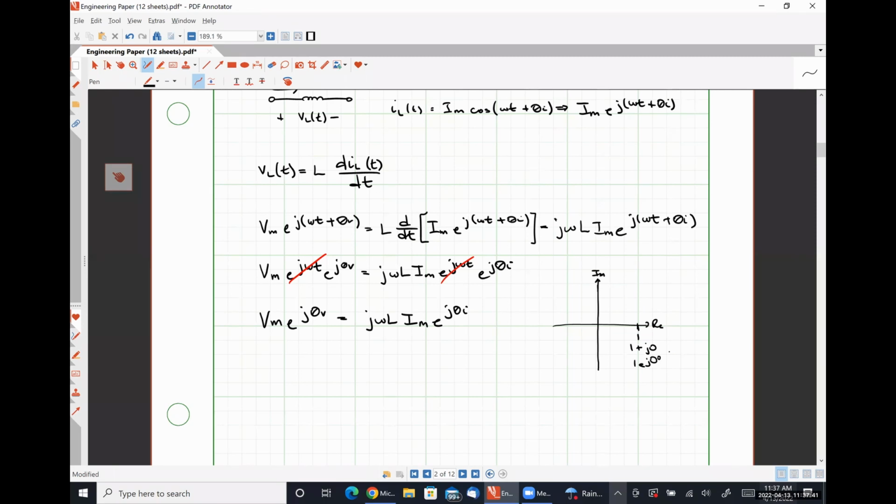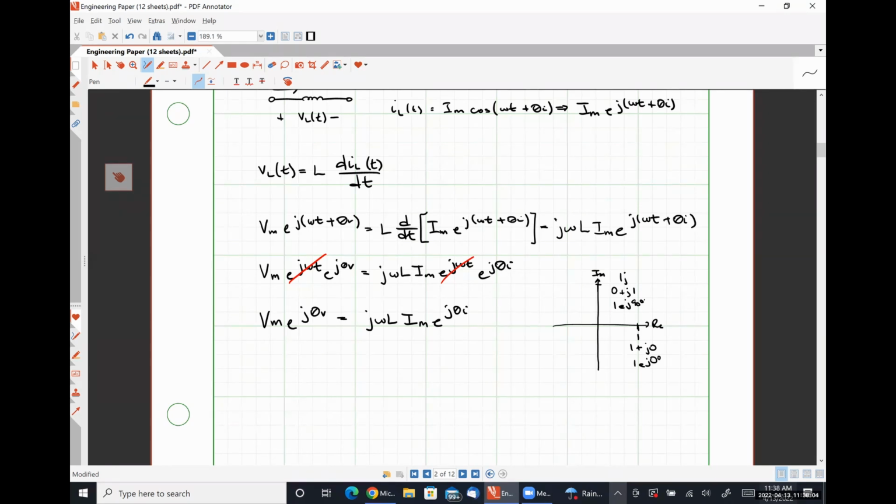Well, if we go up 1 unit in the imaginary direction, this is the same as 1j, or 0 plus j1, or 1e to the j 90 degrees.